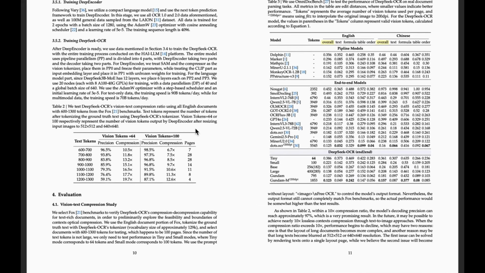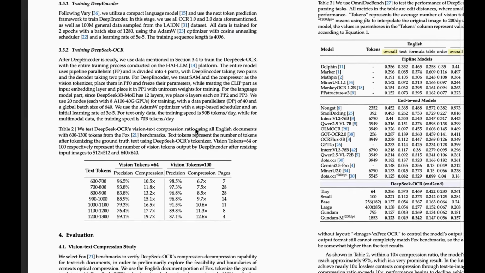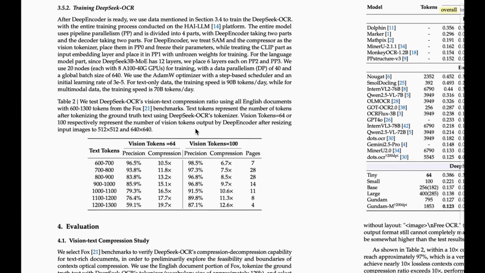So if you just notice here, the table 2, let's talk about this table 2. So the moment of truth is, whatever the training data that they have prepared, even the model, is it really working? So to answer that particular question, the answer is here in this table. So this table is nothing but the compression study on the Fox benchmark. These are English documents with 600 to 1300 text tokens.